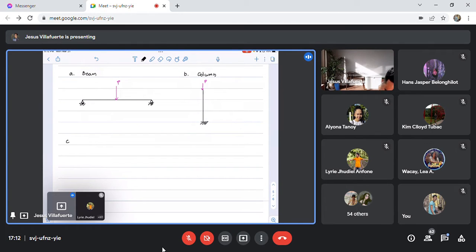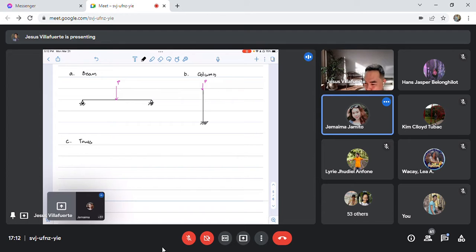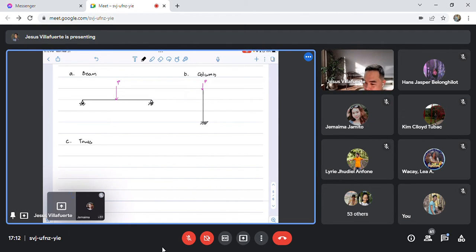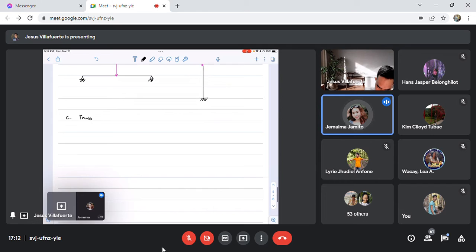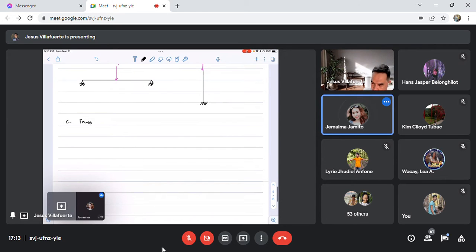that's one. Another one is what we call a truss. So what is a truss? A number of members pin connected at their ends, sir.